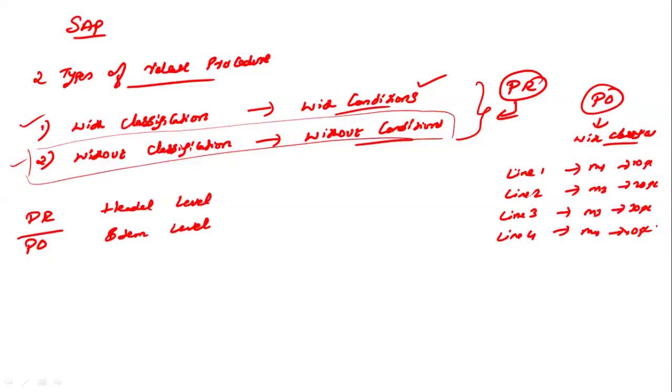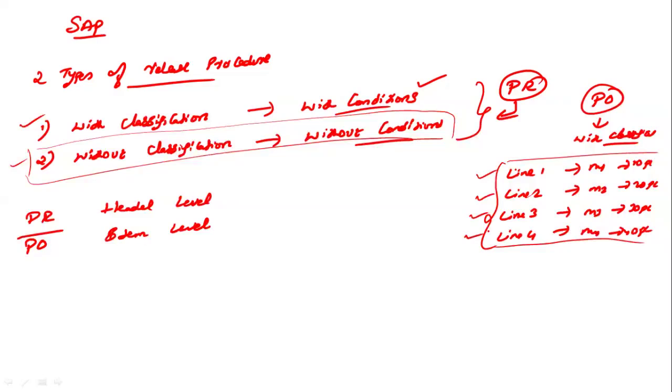And if business decides, we have two levels. We have header level release, we have item level release. If they want to release at header level, all these lines will get released in a single go. If they decide they need to release at item level, they need to release each line one by one.